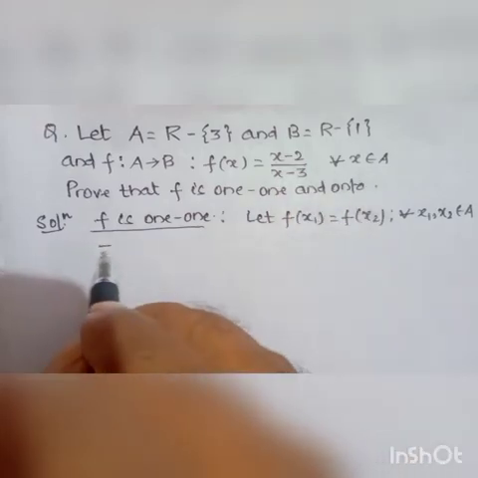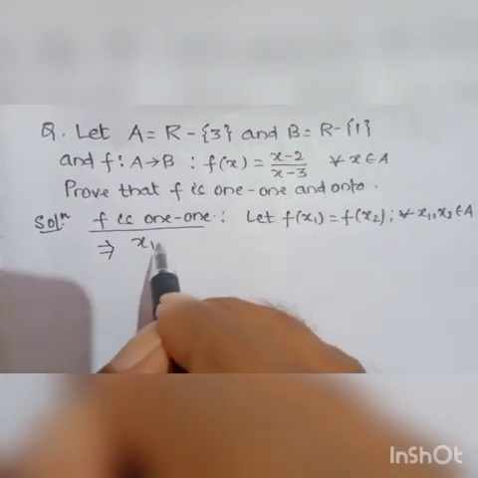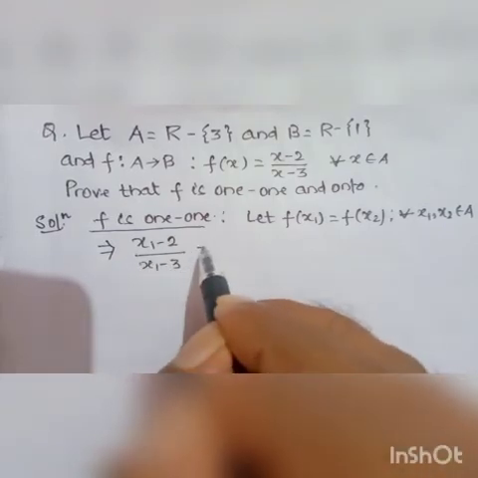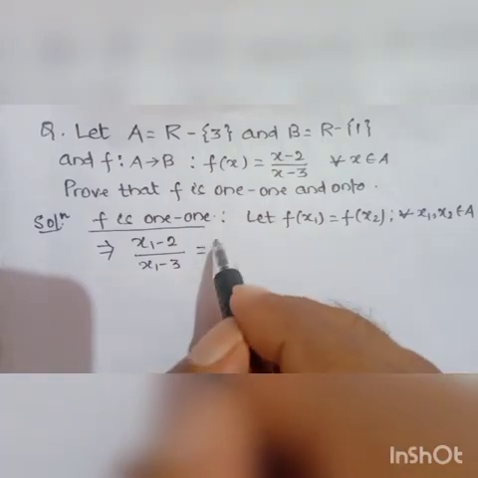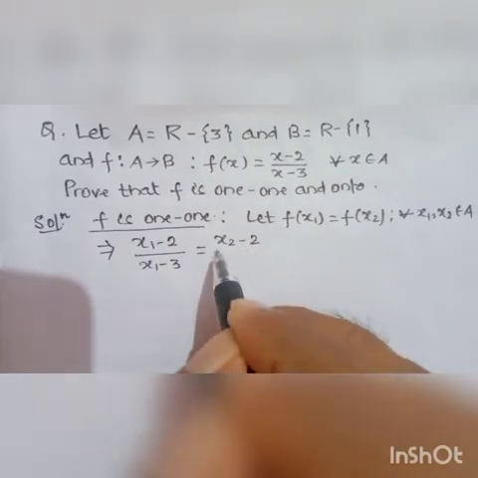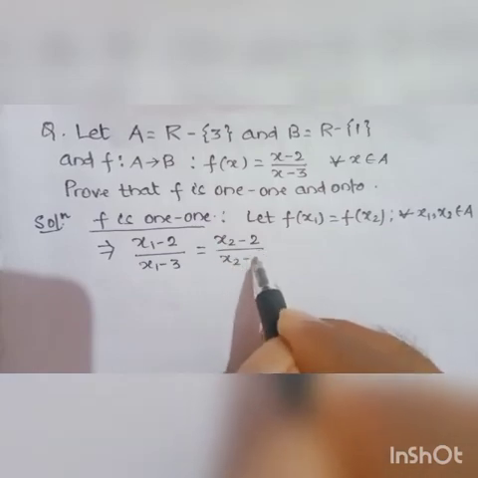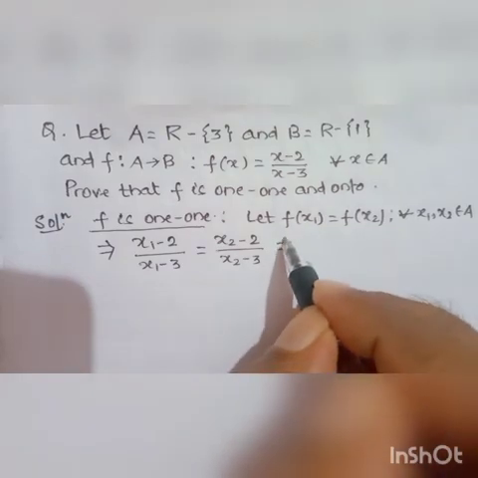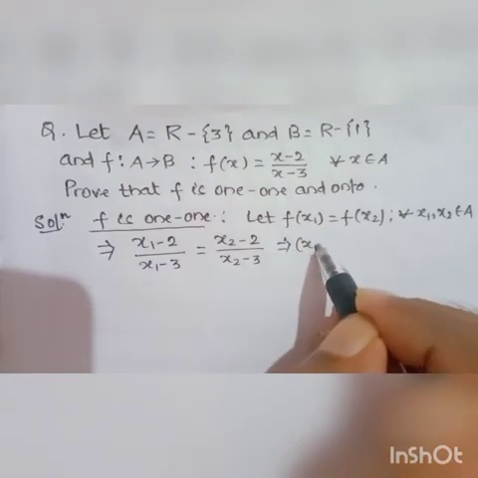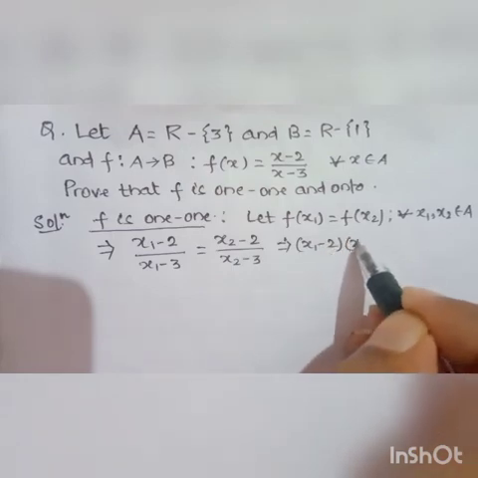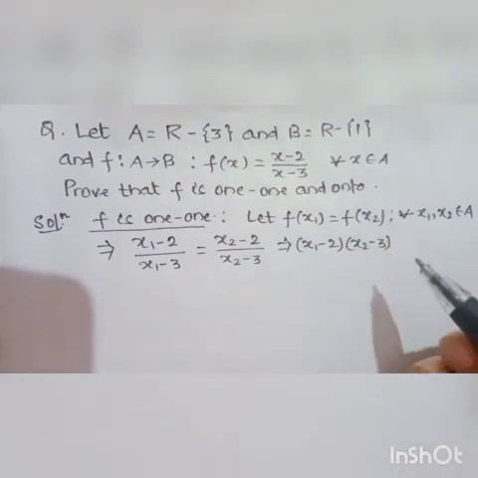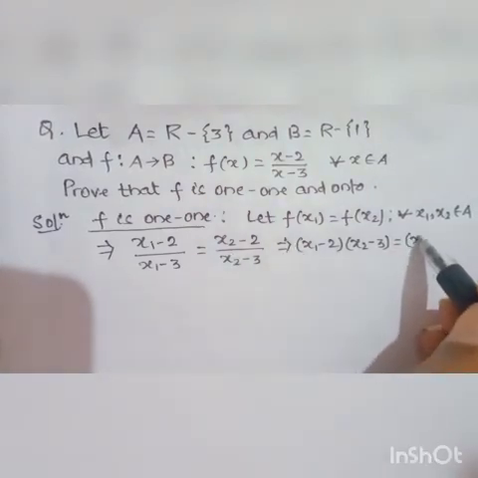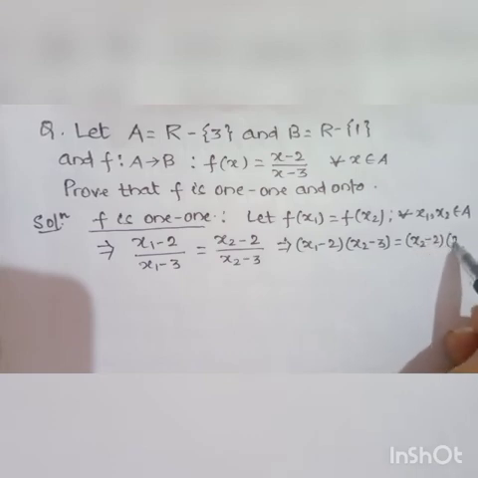So for x1 it is (x1 minus 2) upon (x1 minus 3), and for x2 it should be (x2 minus 2) upon (x2 minus 3). Simplify this. First step, cross multiply, so (x1 minus 2) into (x2 minus 3) should equal (x2 minus 2) into (x1 minus 3).